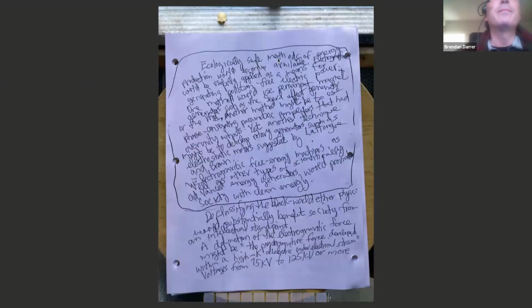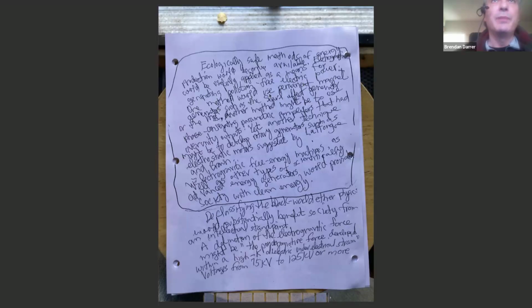Ecologically safe methods of energy production would become available. Electrogravitics could be usefully applied as a means for generating pollution-free electric power.